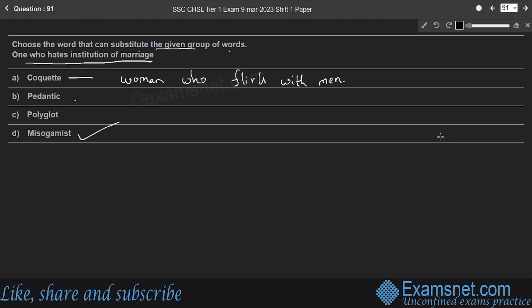Option B, pedantic, refers to a person who is overly concerned with minor details and rules. Option C, polyglot, refers to a person who knows and speaks multiple languages.